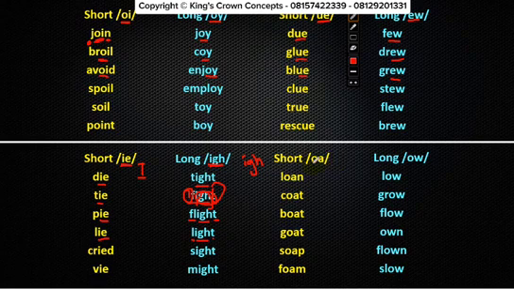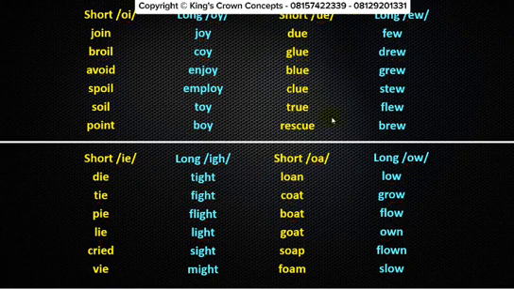Short O, as in loan, coat, bow. Long O, as in low, grow, flow, own, phone. These are phonograms here, still under where two or more letters are saying one sound.